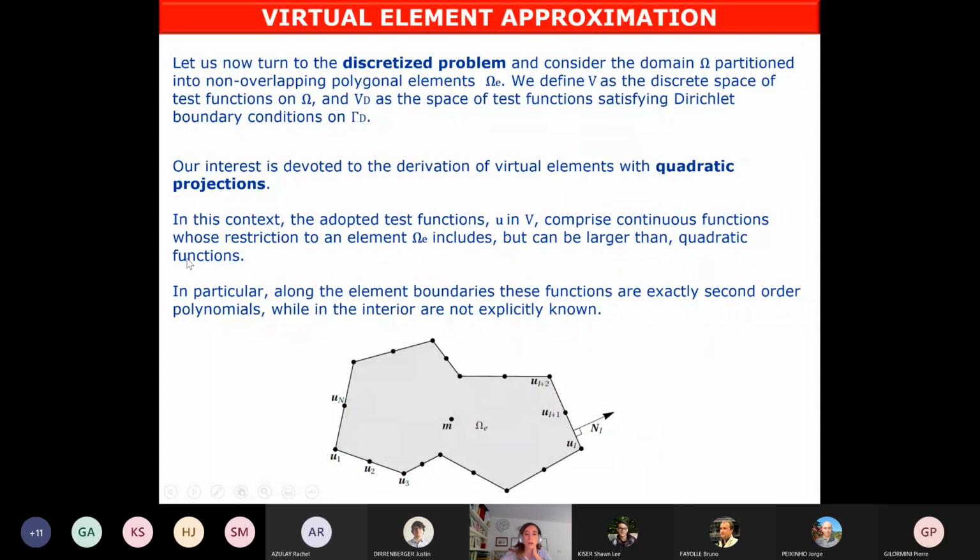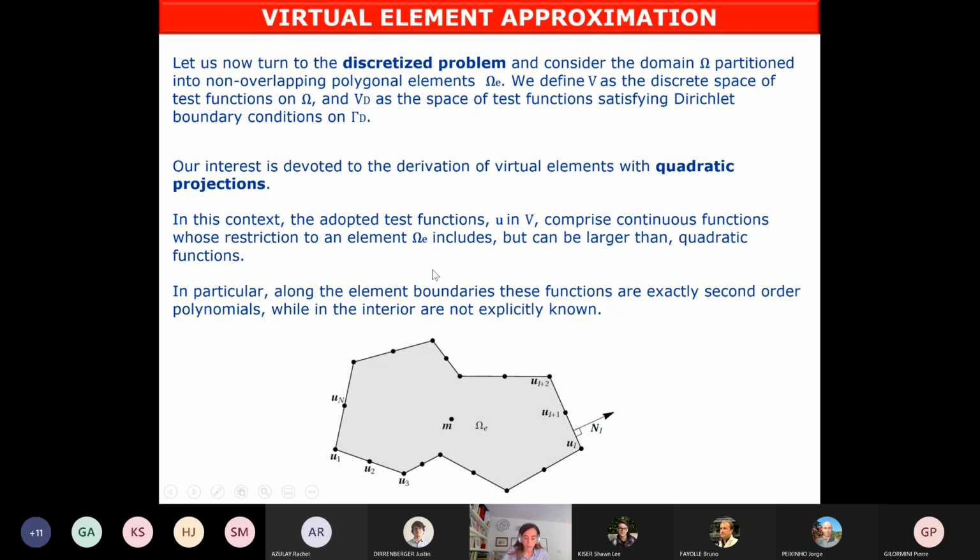So in this frame, the test functions, never explicitly evaluated all over the element, will comprise continuous functions that restricted to a generic element can be larger than quadratic functions. In particular, we assume that along the boundaries, these functions are exactly second-order polynomials, while in the interior domain they are not explicitly known.